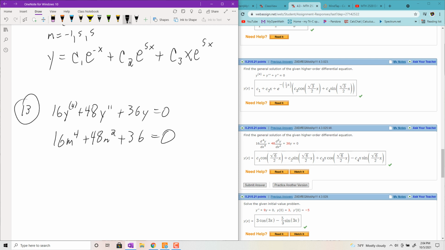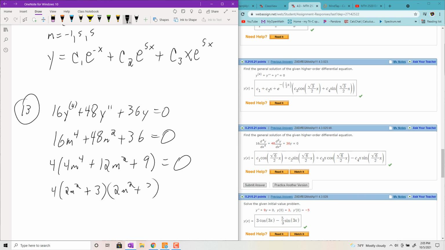You could factor out a 4, so 4m to the fourth plus 12m squared plus 9 equals 0. And then I'm probably going to be able to factor this thing, so 2m squared plus 3, and 2m squared plus 3. So this is one where you have repeated imaginary roots.